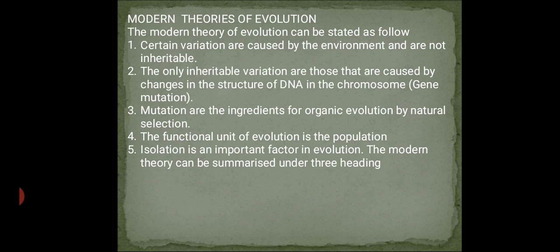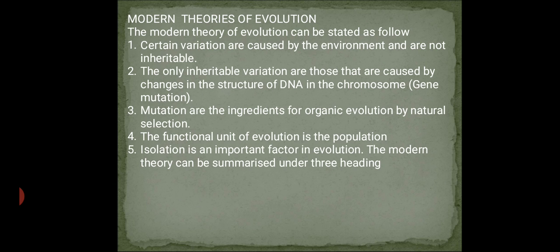The only inheritable variations are those caused by changes in the structure of DNA in the chromosomes. 3. Mutations are the ingredient for organic evolution by natural selection. 4. The functional unit of evolution is the population. 5. Isolation is an important factor in evolution.